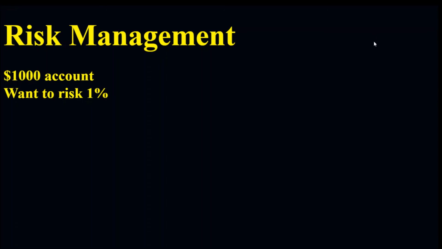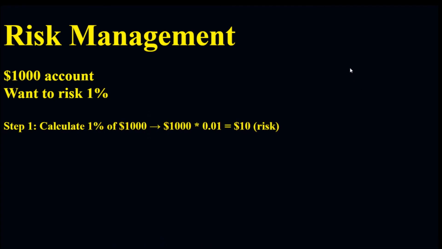All right, so $1,000 account, we want to risk 1%. So the very first thing that we have to do is calculate what 1% of 1,000 is, right? If we want to risk 1% of $1,000, we have to make that calculation, right? So here you simply multiply 1,000 by 0.01, that 1% risk, and you get $10, right? So now we know the dollar amount that we want to risk.